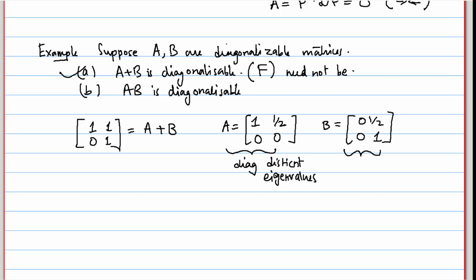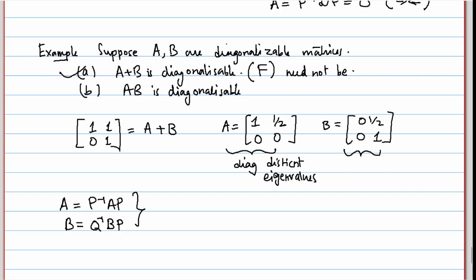Just think about it. Let me try to prove this. A can be written as P inverse AP, B can be written as Q inverse BQ. So what does this mean?